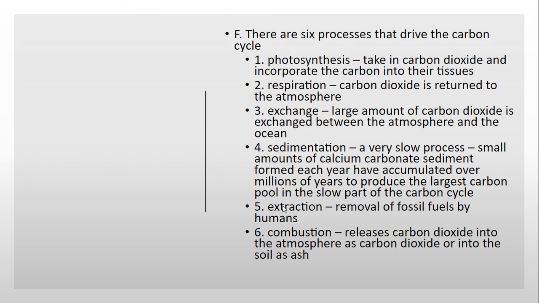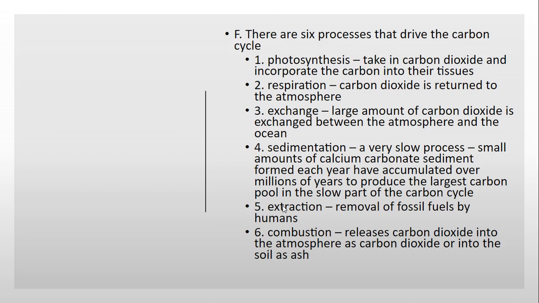So if we were to break down the processes involved here, we know that photosynthesis overall takes in, captures CO2 from the atmosphere. Those producers fix and incorporate that carbon into their tissues. Respiration is where carbon dioxide is going to be returned to the atmosphere because now organisms are consuming that glucose that's being made.